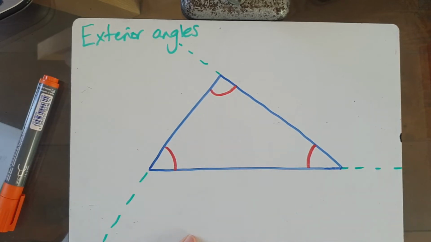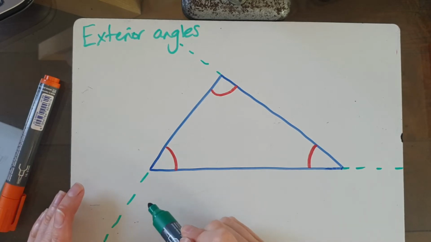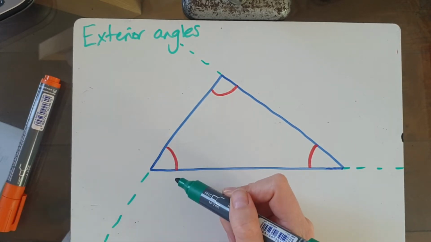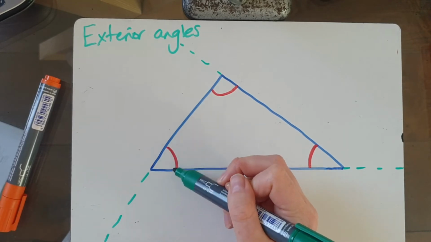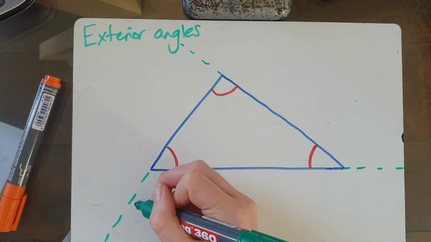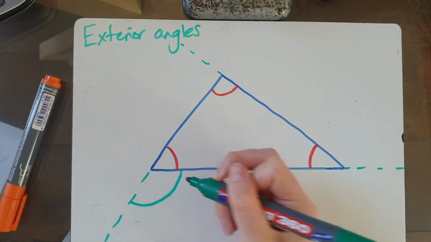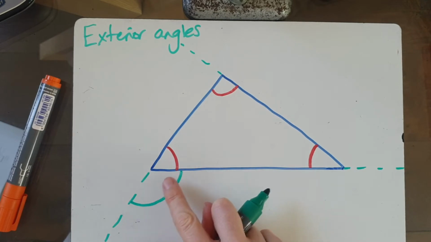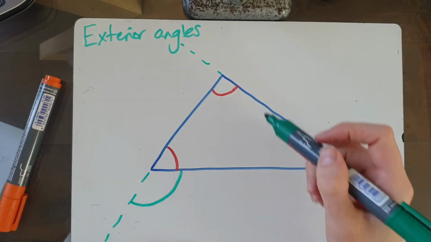We don't care about the side that makes 180 degrees. What we care about is the side that lies on a straight line with the interior angle. So this is the interior angle, and then if I extend that side to make a straight line, this is the exterior angle at this point on the triangle.